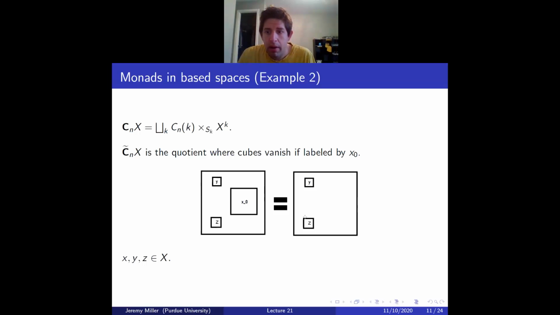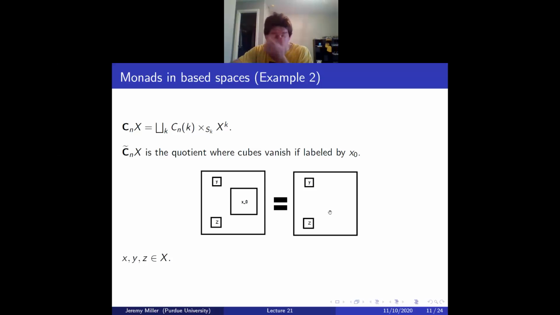So in particular, if X is connected, then this reduced monad is going to be connected because you can just take a path. Whenever I say connected, I basically always mean path connected. So if X is path connected, then this reduced monad will be path connected because for all of the labels, you can just take a path from them to the base point, and then all the cubes will vanish, and you'll get to the point with no cubes.